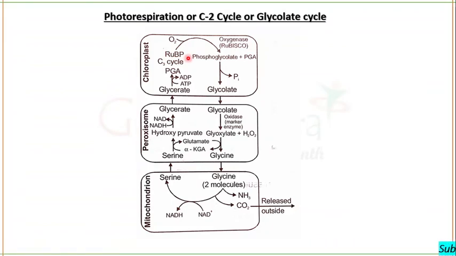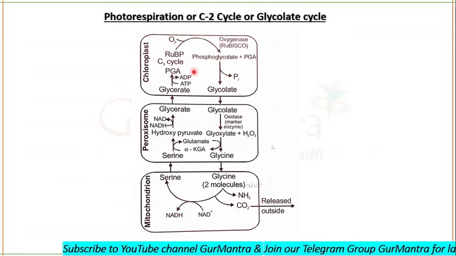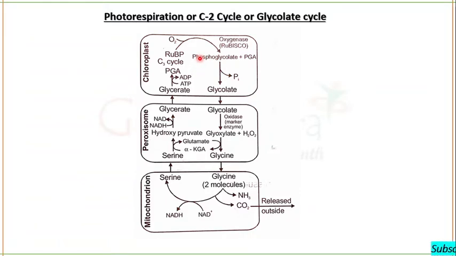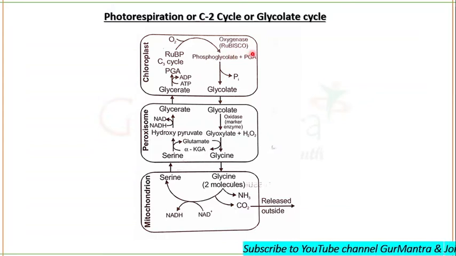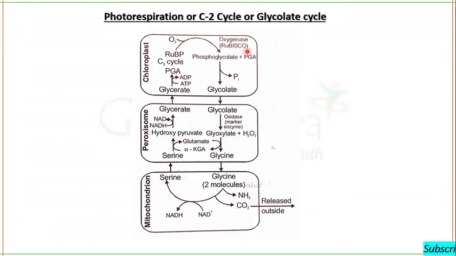But in photorespiration, what happens? When the carbon dioxide concentration decreases in the atmosphere, oxygen concentration increases due to the increase in temperature. Rubisco starts acting as oxygenase instead of carboxylase. You know that rubisco is a bifunctional enzyme.